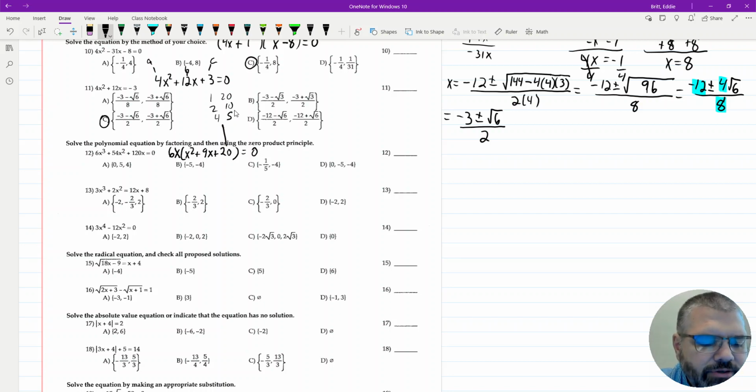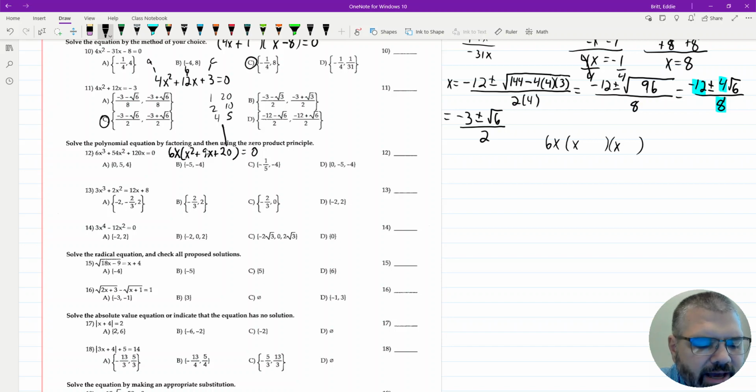I want to add the two numbers together and get a positive what? 9. Because you want to get this number in the middle when you add them together. So this is going to be 6x, and I'll make my two sets of parentheses. I'm going to put x and x. Again, we want to break up the 20. It's either 1 and 20, 2 and 10, or 4 and 5. We want to get a positive 20 when we multiply.